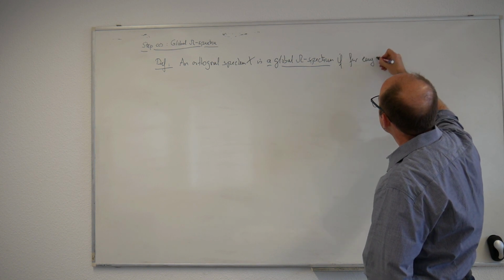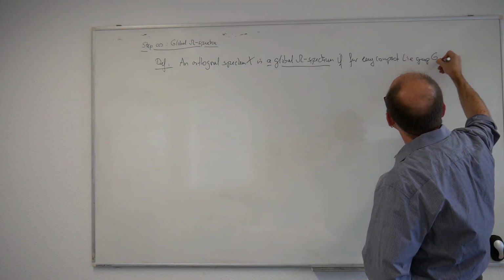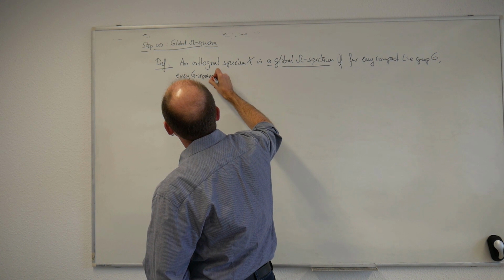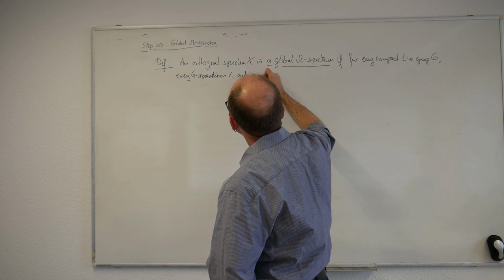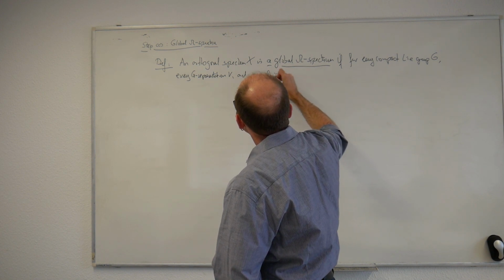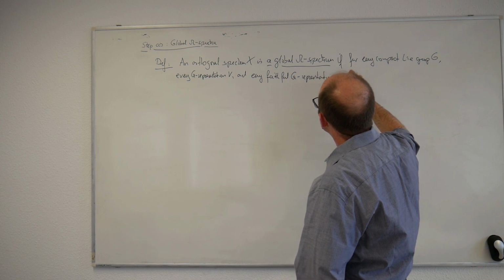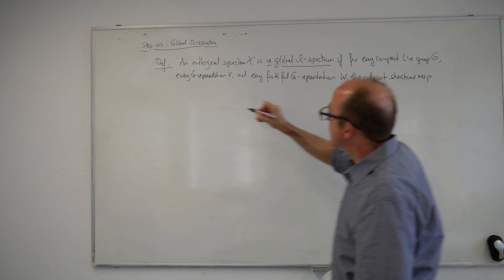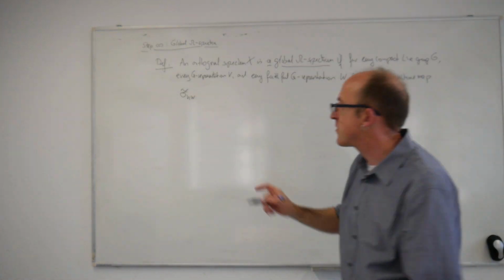If for every compact Lie group G, every G-representation V and every faithful G-representation W, the adjoint structure map, for which I write σ̃_{V,W}, which was my notation for the structure map, and then a tilde to denote the adjoint.